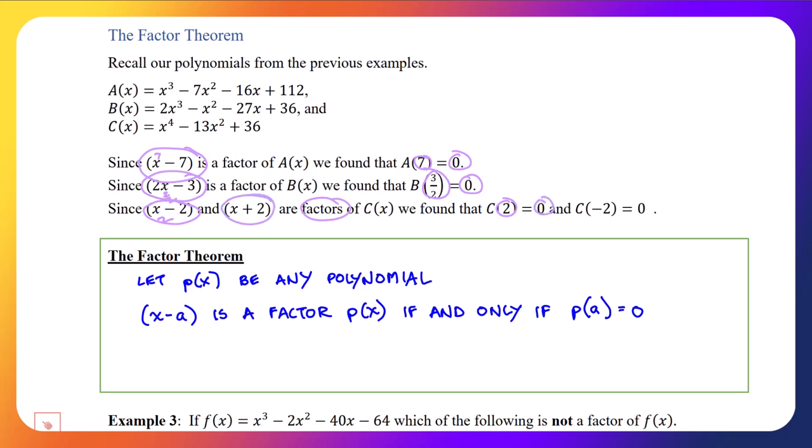And if x plus 2 is a factor, and I plug in negative 2, I'll get 0. So if something is a factor, meaning it goes in evenly, then if the remainder is 0, or if the plug-in answer is 0, then x minus a is a factor of the polynomial.